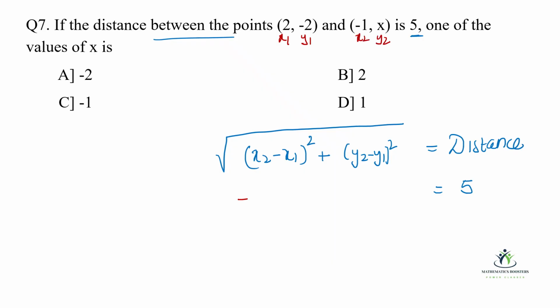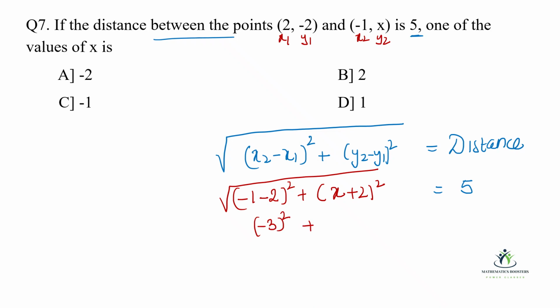Substitute. -1 minus 2 whole square plus x minus of minus plus 2 whole square. This is -3 whole square plus, open this, a square plus b square plus 2ab. This square root will go to other side, it will become square. So 9 plus x square plus 4x plus 4.